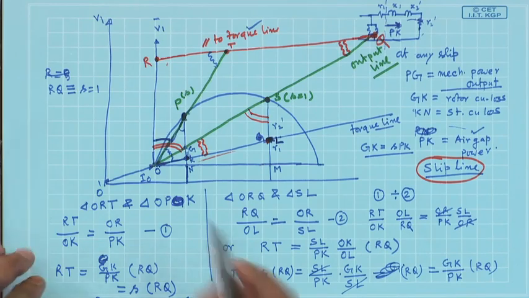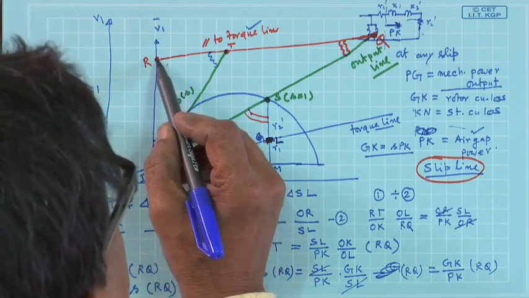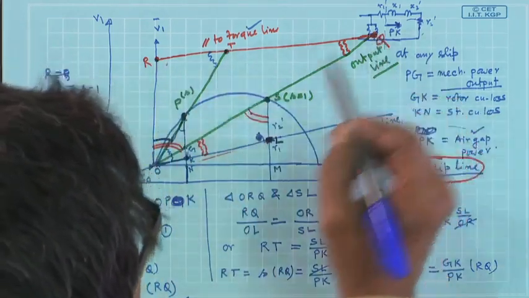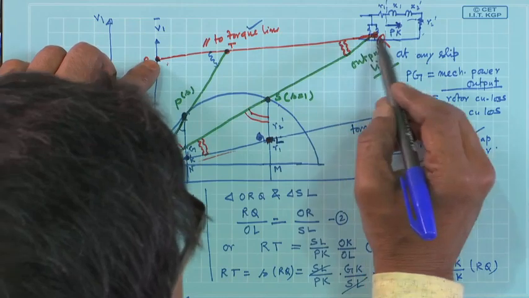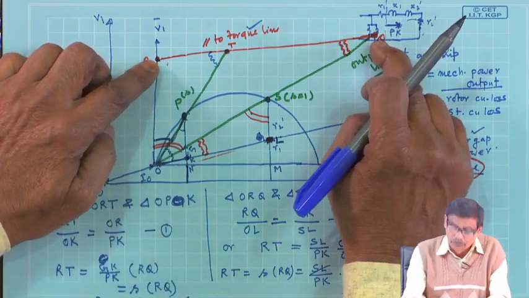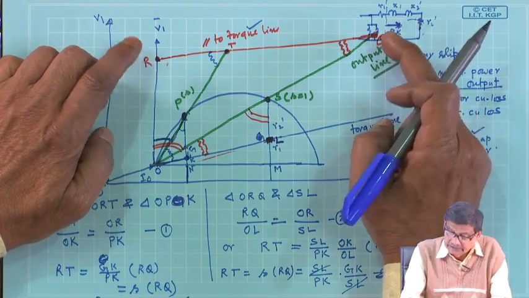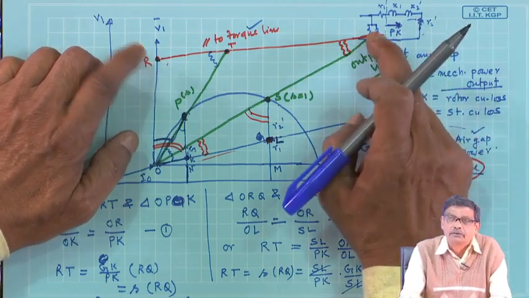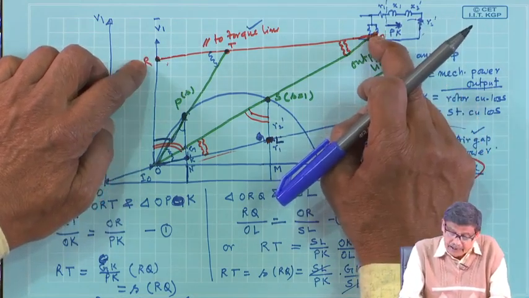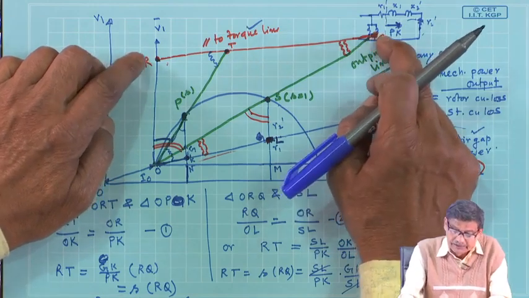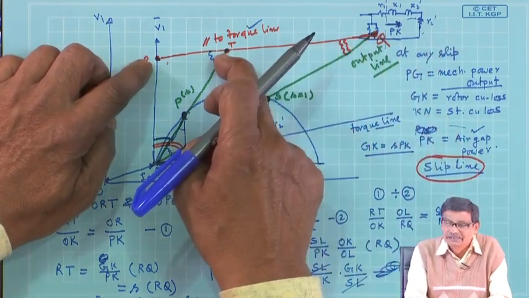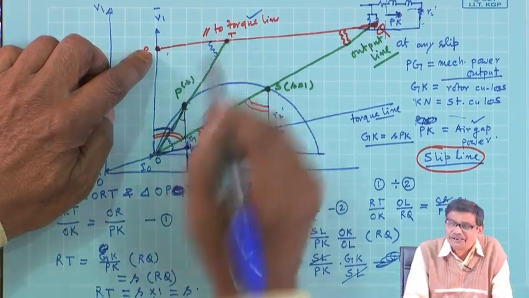So, the idea is you take a point, draw a line, find out the point of intersection, then this RQ you arbitrarily call S equal to 1. If you do so, then RT must be the slip corresponding to this point.